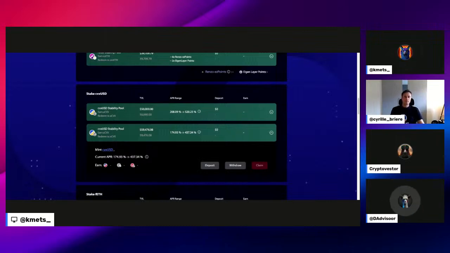How does this product fit with another product that the ecosystem is offering, and I'm talking about xCVX? Maybe you can expand: for whom is it better to go with xCVX and why, and with which assets should you come to these new vaults of cvxUSD and why?